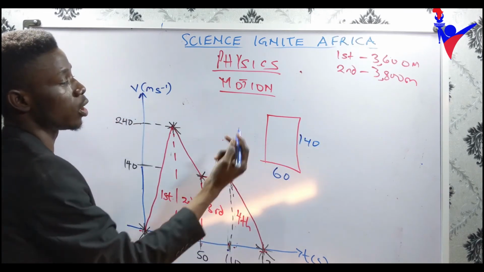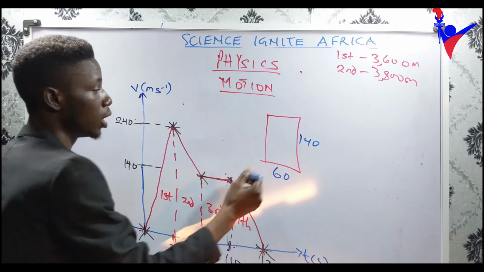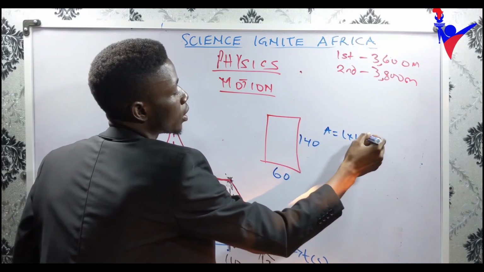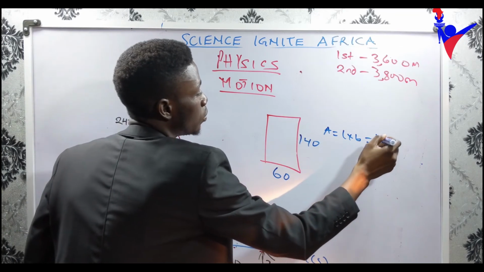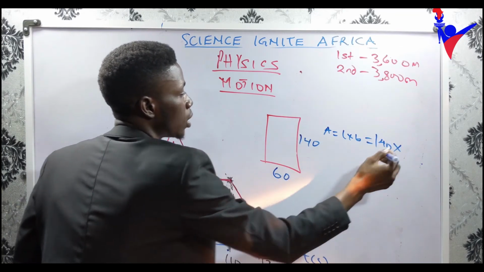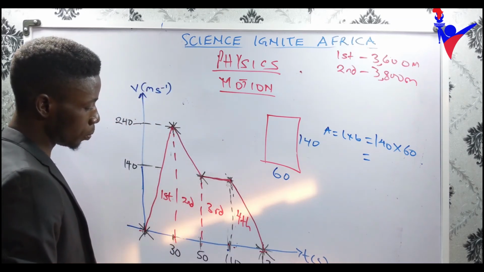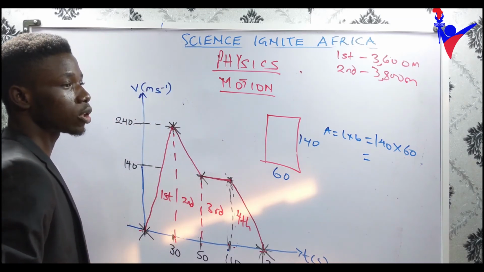And this is one of the simplest of the plane shapes to find its area. The area is length times breadth. So what's the length here? The longer side, which is 140, times 60. So what's 140 times 60?